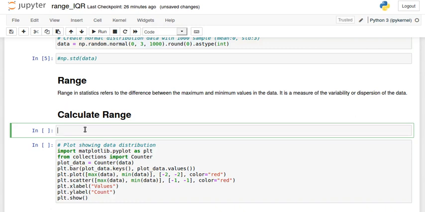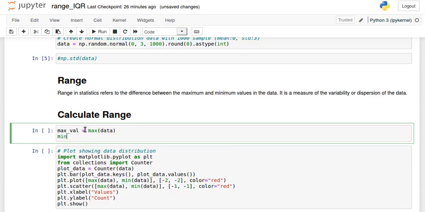For that we have to get the max value from the data, that will be using the max function, and the minimum value within the data using the min method.